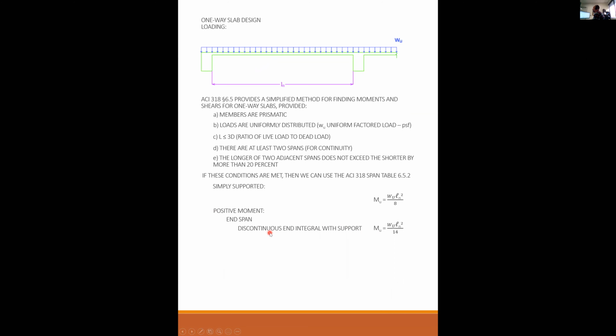Okay, so if it's a discontinuous end integral with the support at the end span, this is the end span because this is the edge of the building. See the break line right here? That means it continues on to the right by so many spans, but this is the edge of the building. And if it's a discontinuous end integral with support, see how the slab is integral with this beam here?